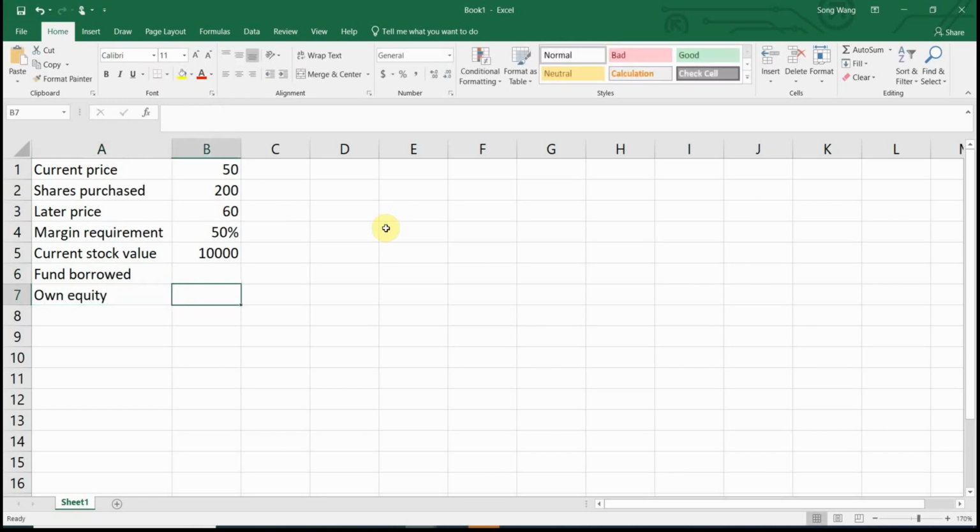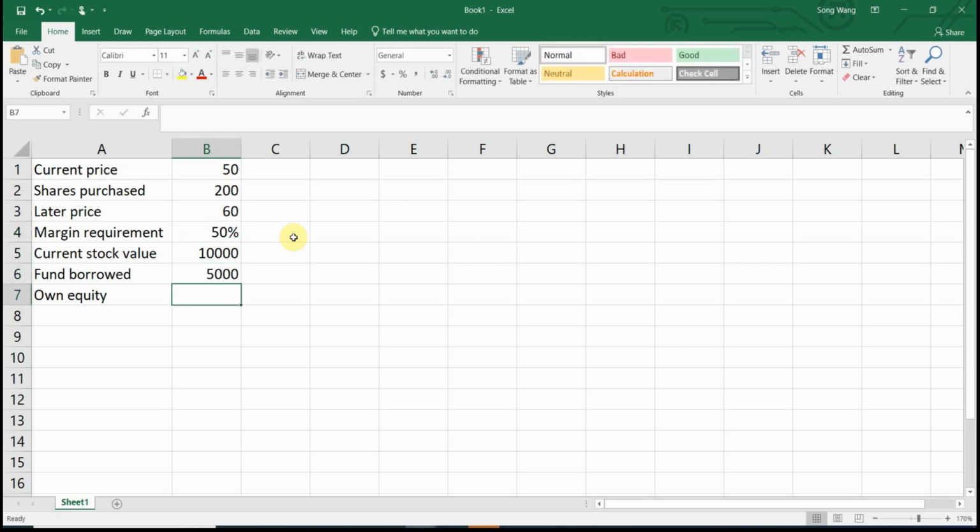The fund borrowed means you need to use $10,000 times 1 minus the 50%. It is very important to realize it is 1 minus 50%, not just 50% by itself. Because if the margin requirement drops to 40%, then you can borrow more money. You are allowed to borrow more money. If the margin requirement increases to 100%, then you are not allowed to borrow any money.